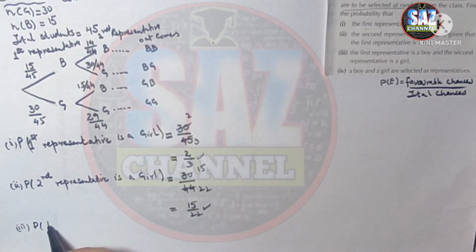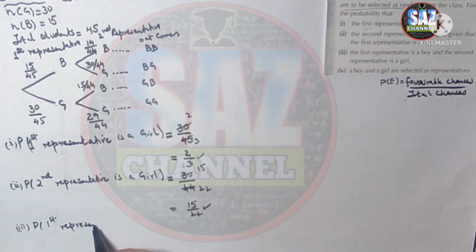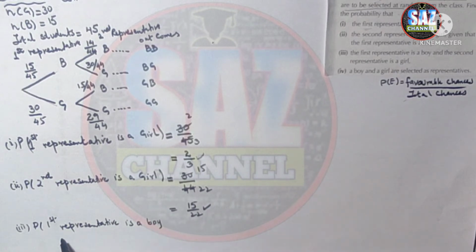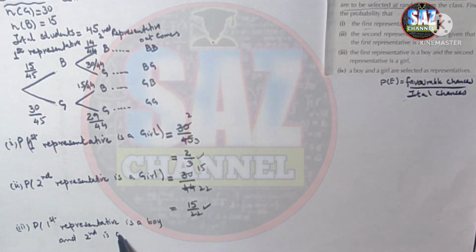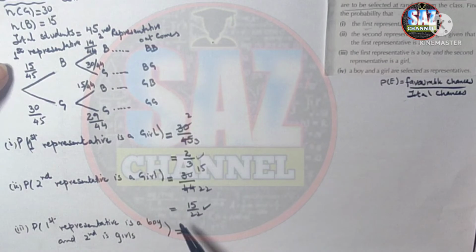Probability that the first representative is a boy, and the second one is a girl. Now try to understand the condition and restriction imposed, that the first representative must be a boy.